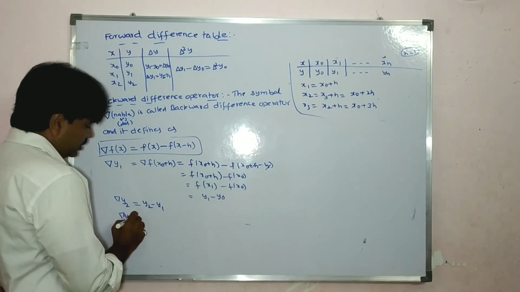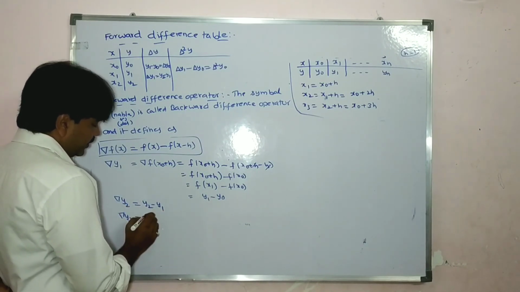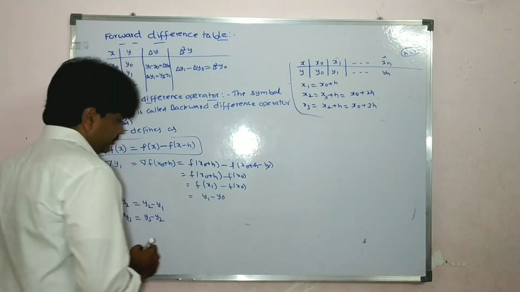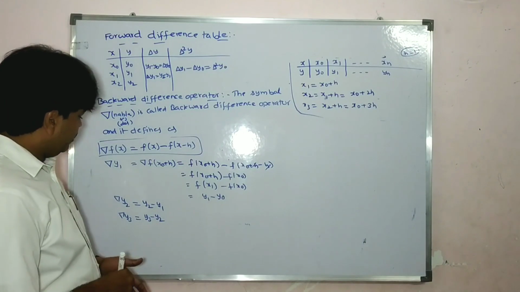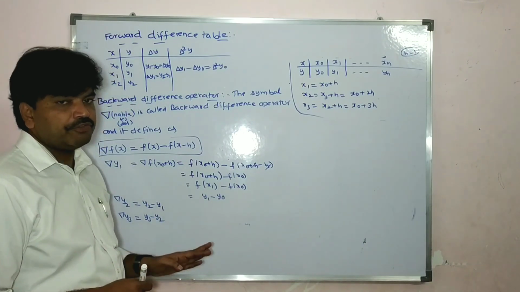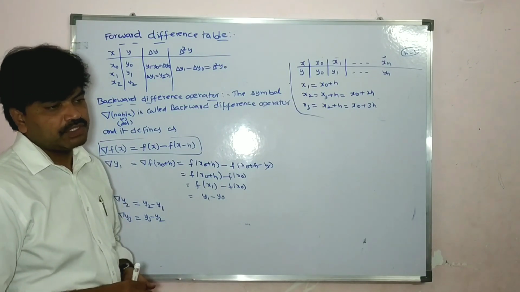Similarly, nabla y3 is y3 minus y2. Similarly, we can write nabla y4, which is y4 minus y3.